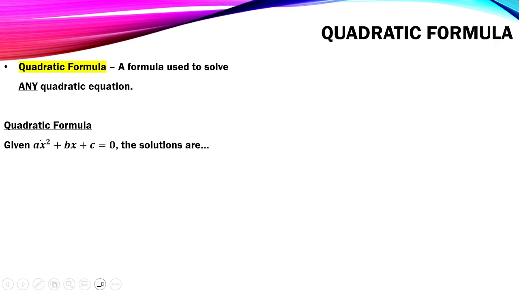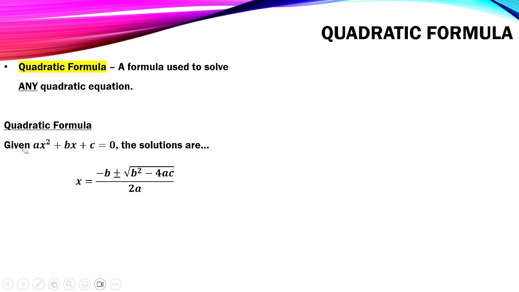So once our quadratic is in standard form, we're going to use this formula right here. X is equal to negative b plus minus square root of b squared minus 4ac all over 2a. And again, we need to know what the a, b, and c are, because you could see that they show up here in our quadratic formula.